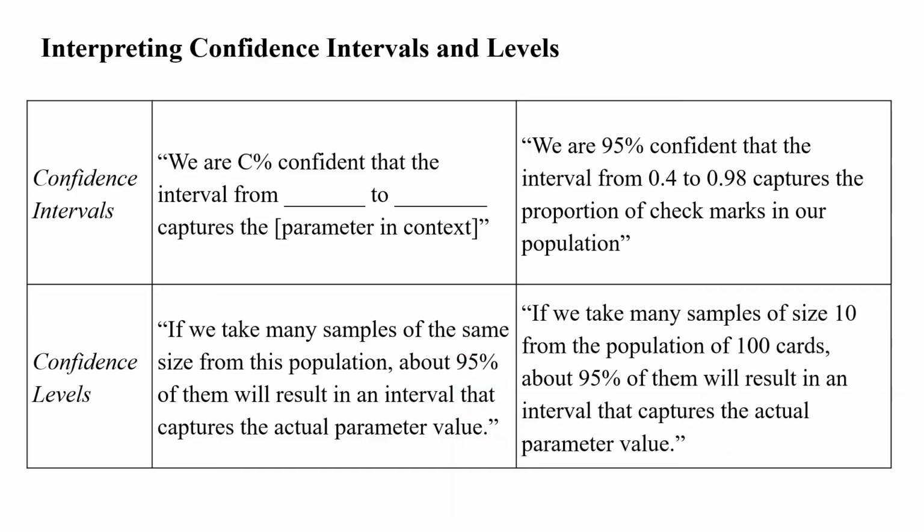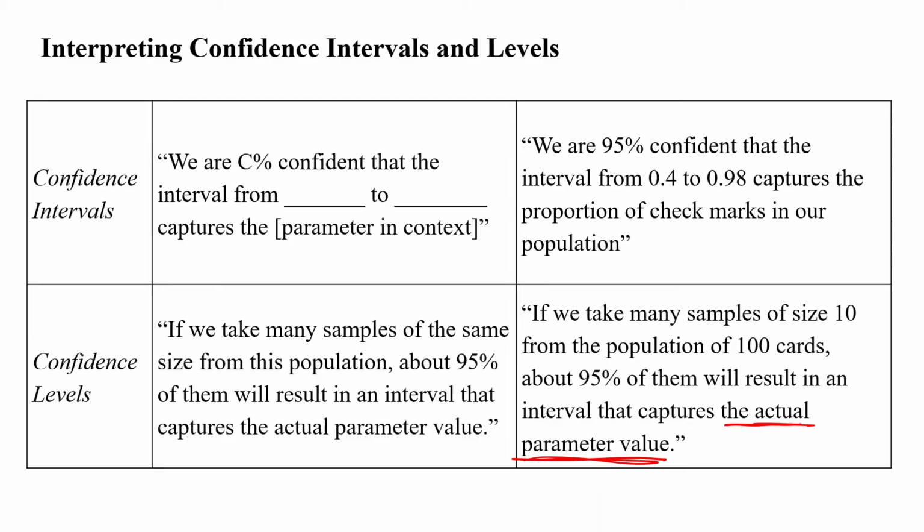Interpreting a confidence level in context looks like this: if we take many samples of size 10 from our population of 100 cards, about 95% of them will result in an interval that captures the actual parameter value. The actual parameter value being the proportion of green check marks in our population.